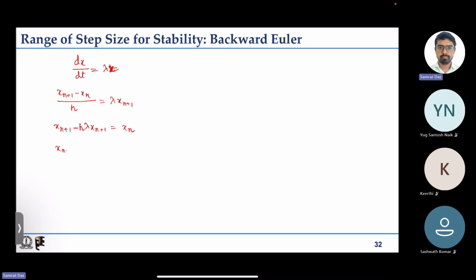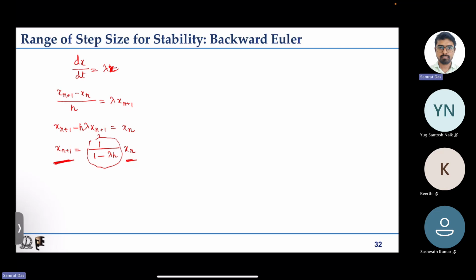So x of n plus 1 is equal to 1 by (1 minus lambda h) into xn. In the same format, where the future instant state value is a factor of the present instant state value, the factor is 1 by 1 minus lambda h.